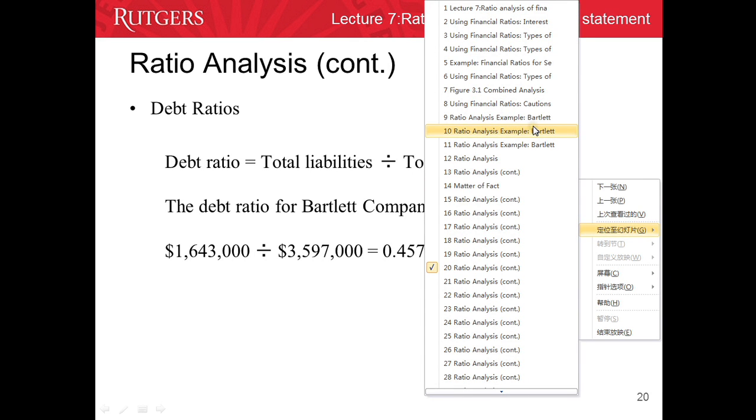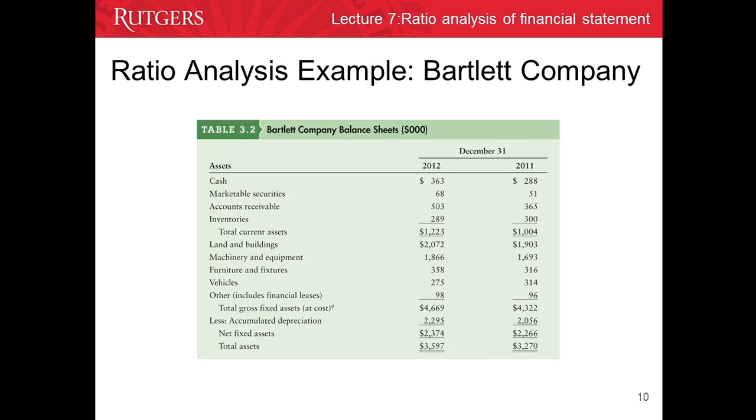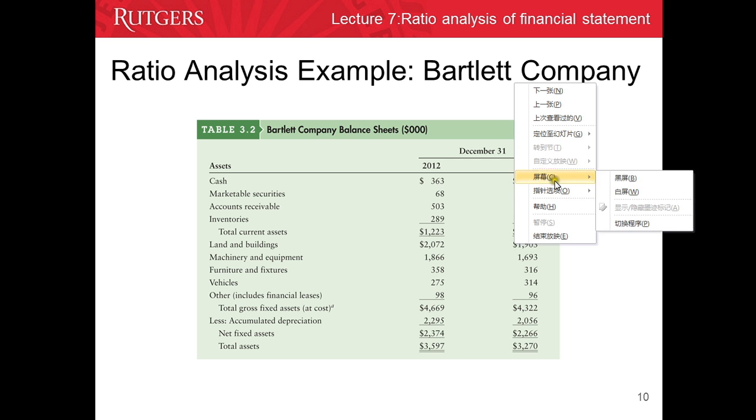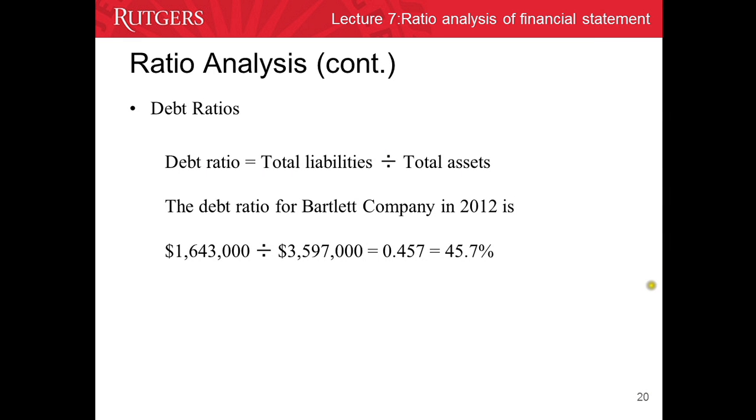So in the case, we can see that the total liabilities for Bartlett company equal $1,643,000, and then we divide it by the total assets, which is $3,597,000, to get the debt ratio equals 45.7%.